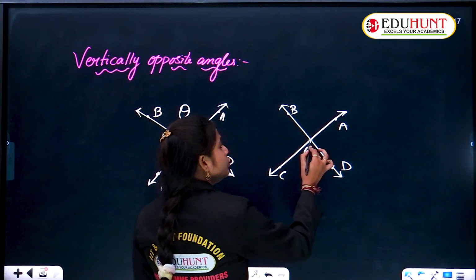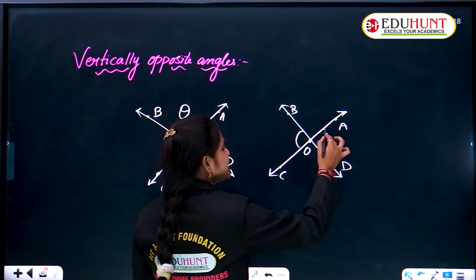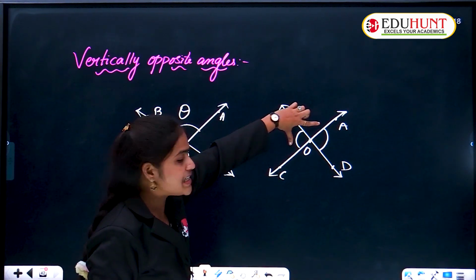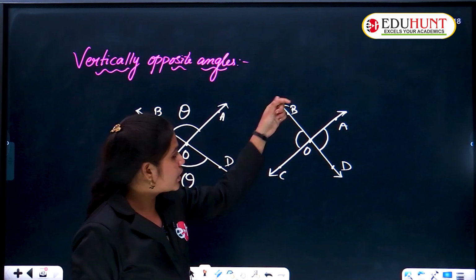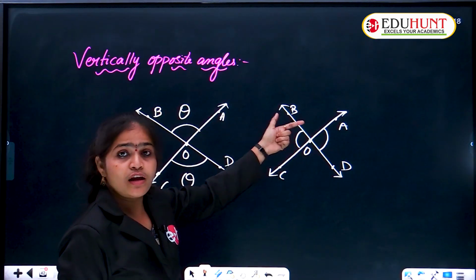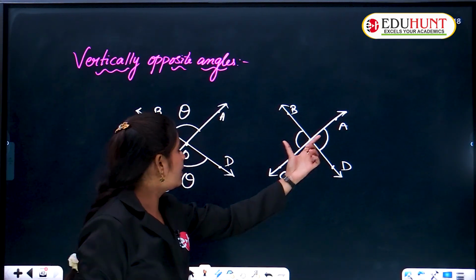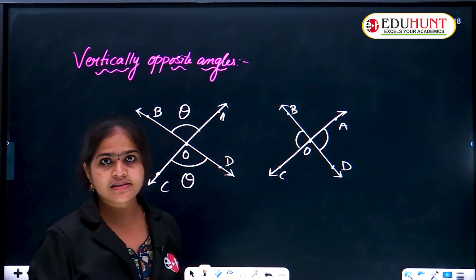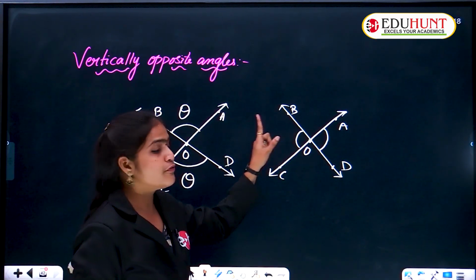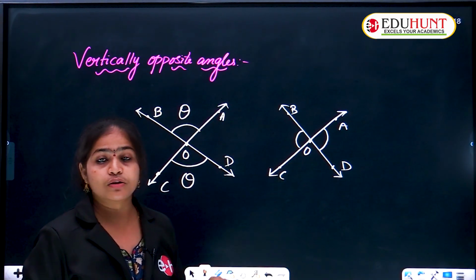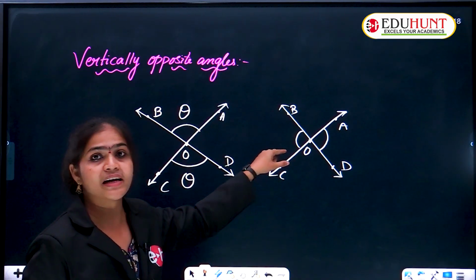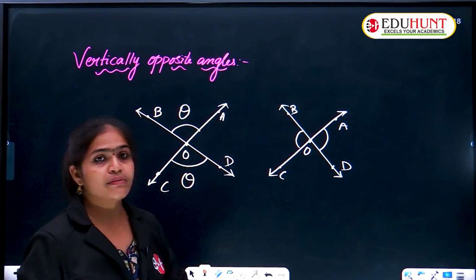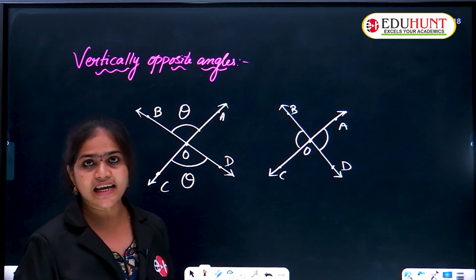Angles formed at two non-common arms, two non-adjacent angles. Adjacent means side by side angles. These two are also adjacent angles. Now which two are non-adjacent angles? Here BOC and AOD are non-adjacent angles. So those two non-adjacent angles formed at the intersecting point are equal. And those two angles we will call vertically opposite angles.